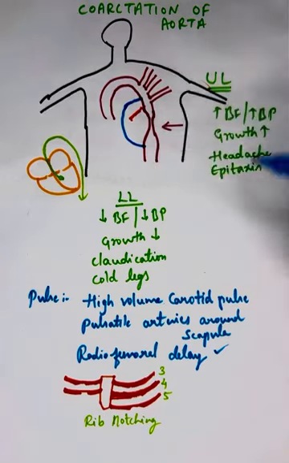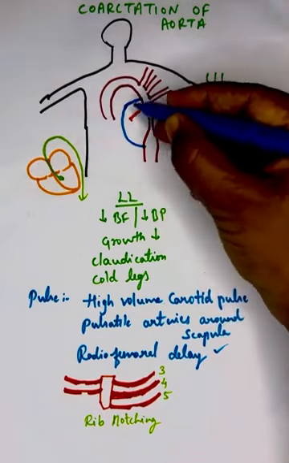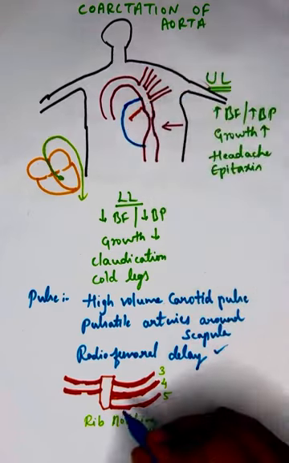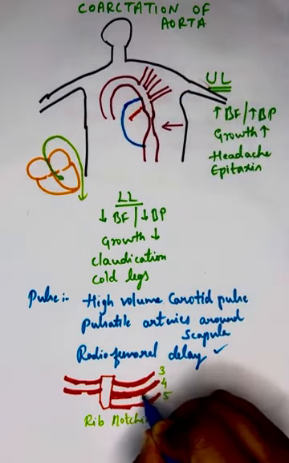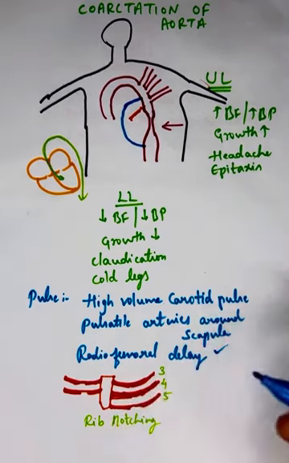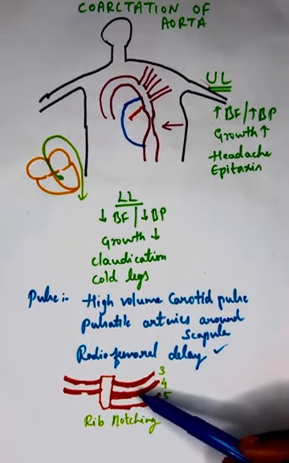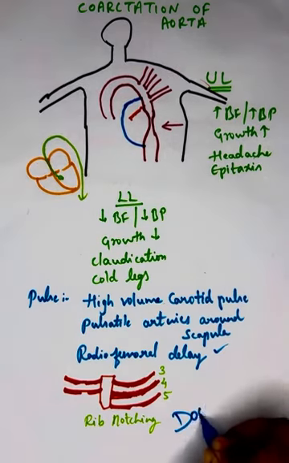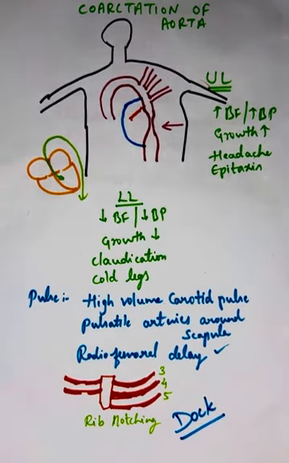So what happens is all these intercostal vessels, the collaterals, are opened up. They actually run along the undersurface of the ribs. Because of increased blood flow via these intercostal arteries, there will be erosion on the undersurface of the ribs, which is called rib notching, otherwise called dock sign.